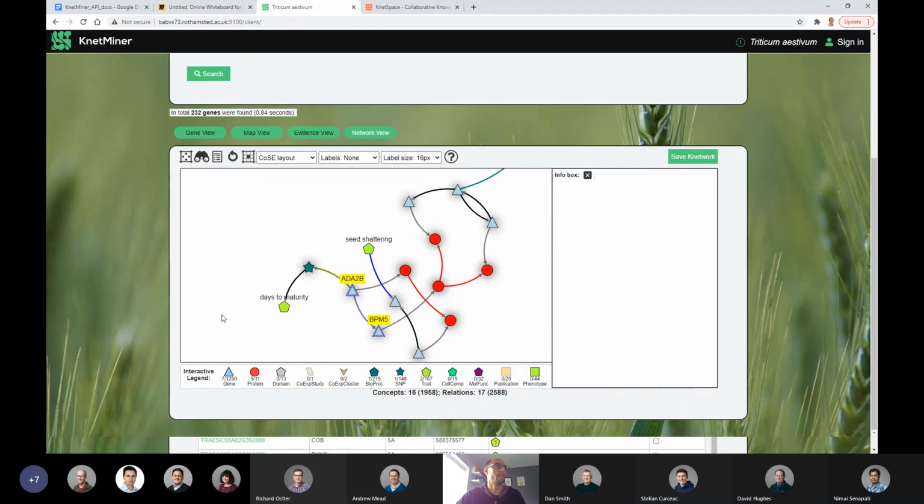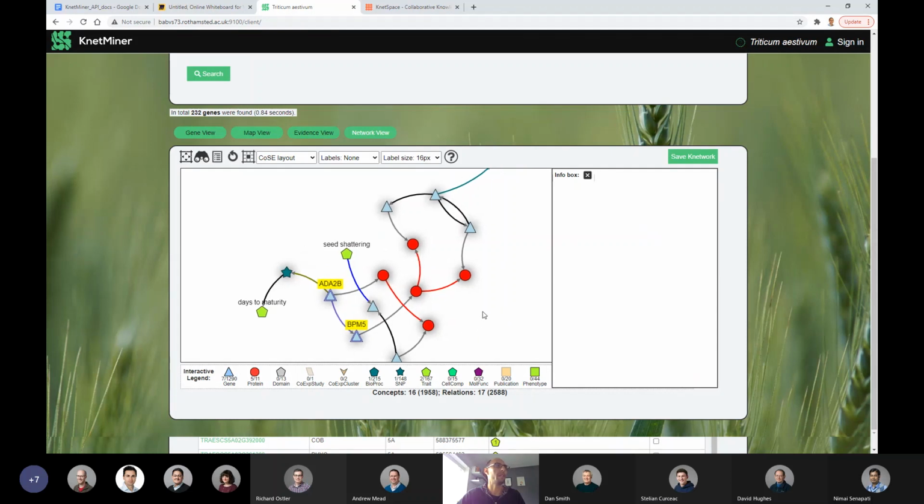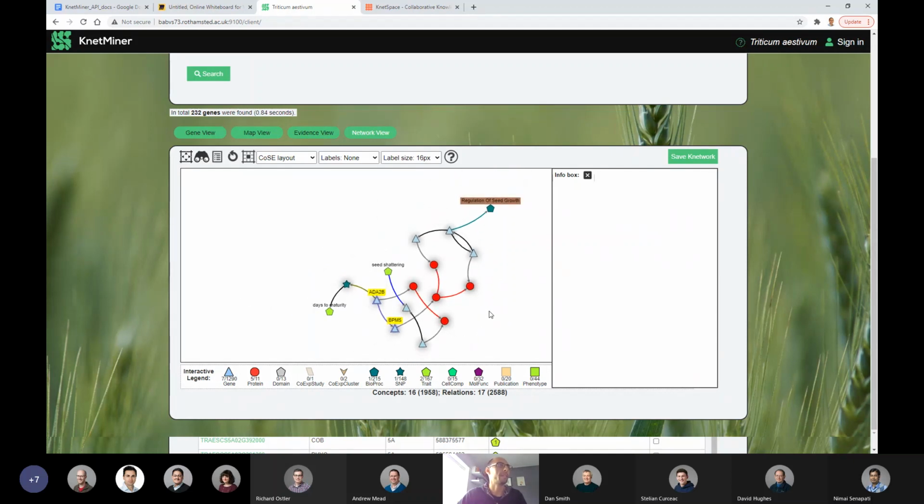So this is why my first gene was related to the trait I was interested in, and then the second gene I had selected is also related to regulation of seed growth, but the story here is a bit more distant and indirect.